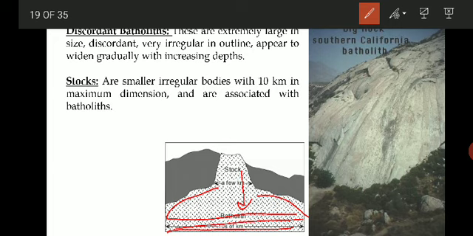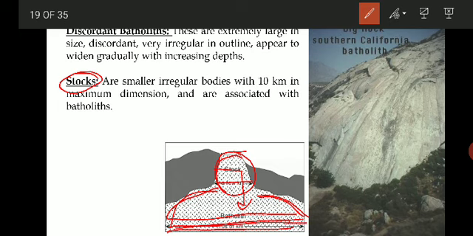And there is one more word called stalks. Stalks are similar to batholiths. They are irregular bodies with small dimension, a few kilometers, almost 10 kilometers maximum dimension, and they are associated with batholiths. So wherever there are batholiths like this, these stalks will be present, but these are irregular bodies with small dimension, then we use the word stalk.